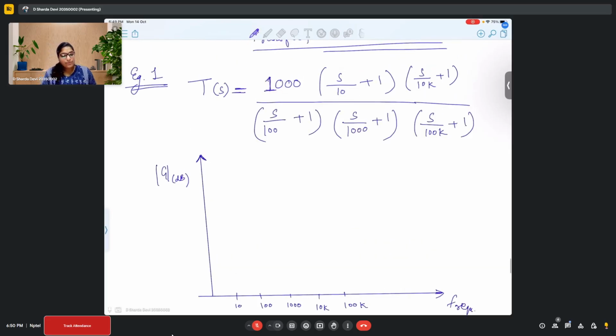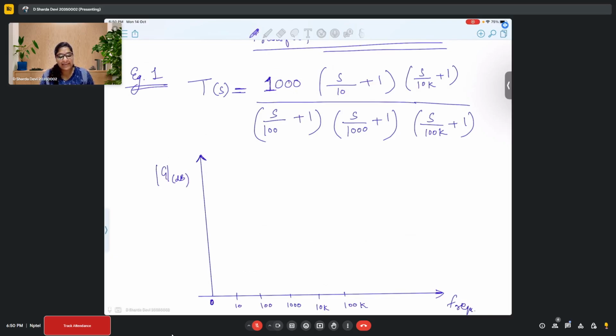Now we have to solve the transfer function, right? First of all, is there any pole or any zero at the 0 point? No, right? So your plot will start from 0.